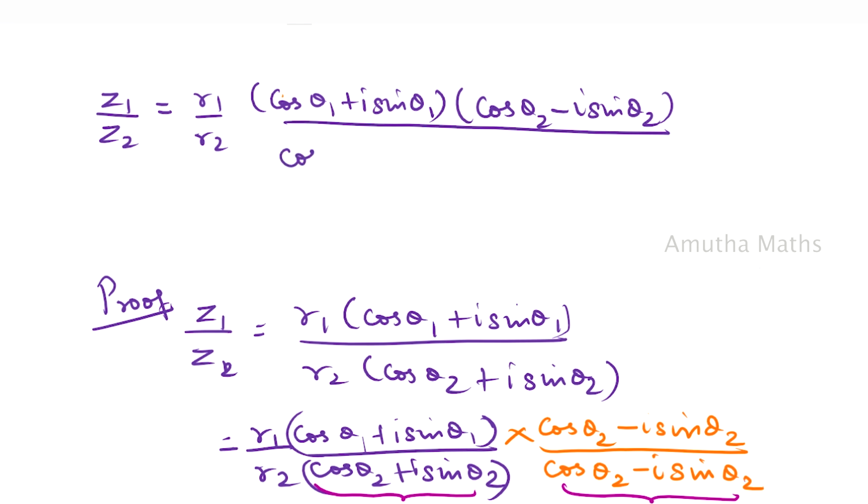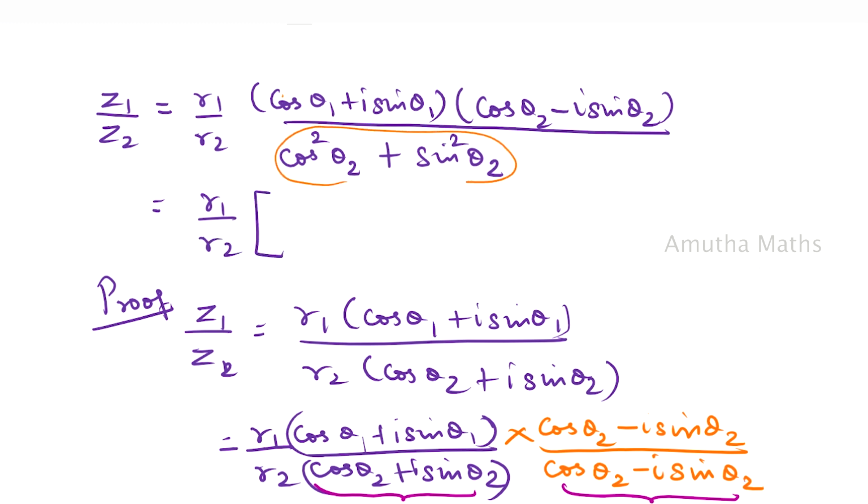Cos square theta 2 minus I square sin square theta 2. So minus I square is plus 1, since there is already a minus in front. So plus sin square theta 2. So this is equal to R1 by R2 into, so what is this actually? This is 1, is it not?